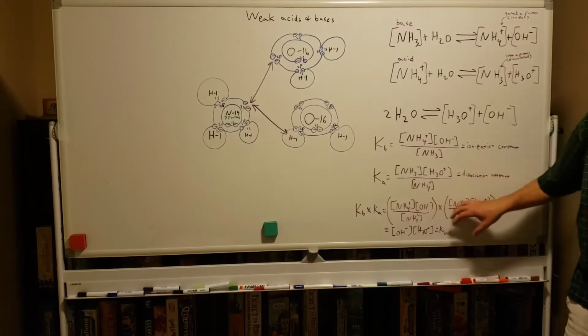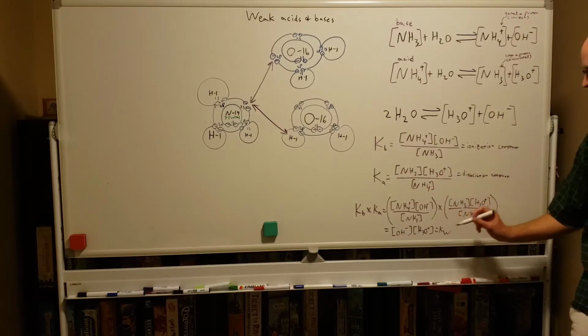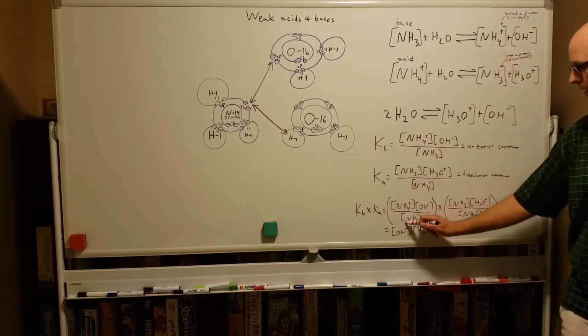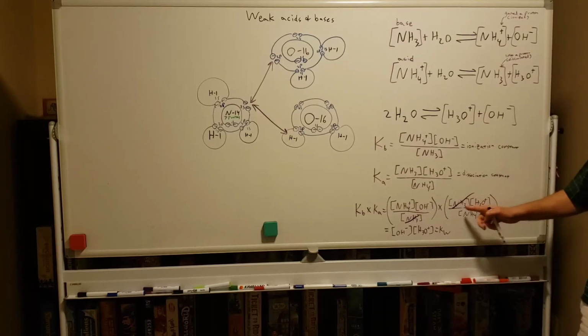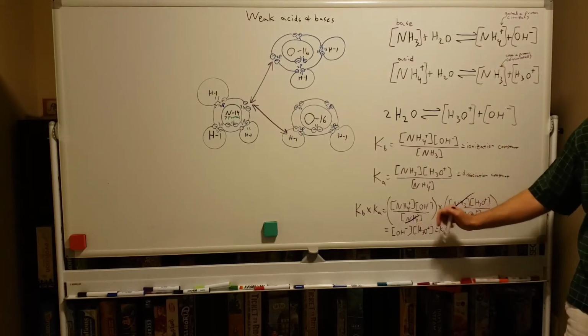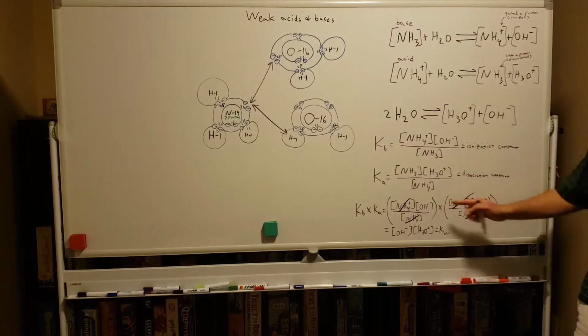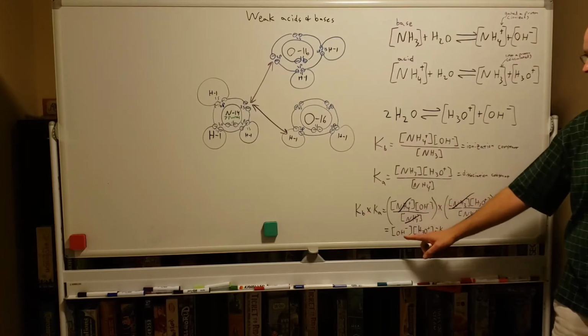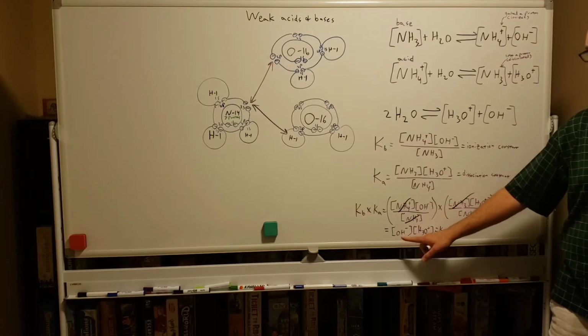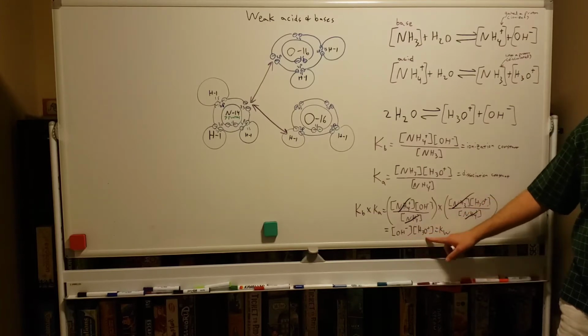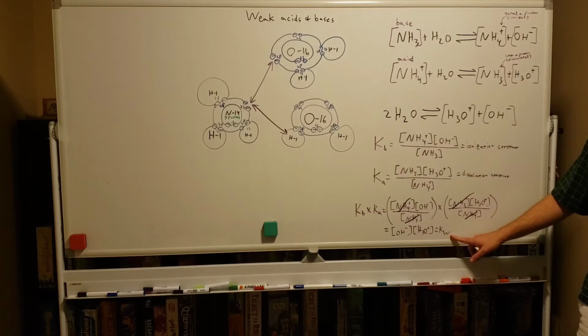If I multiply these together, my ammonia will cancel out, my ammonium will cancel out, and I'm left with the concentration of hydroxide multiplied by the concentration of hydronium, which, if you remember, gives me a constant called the autoionization constant of water.